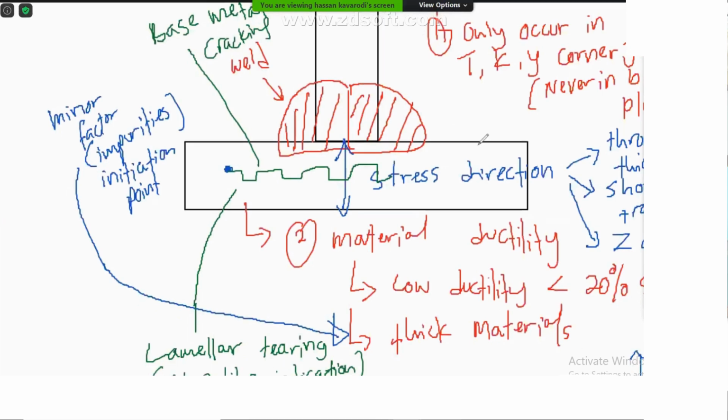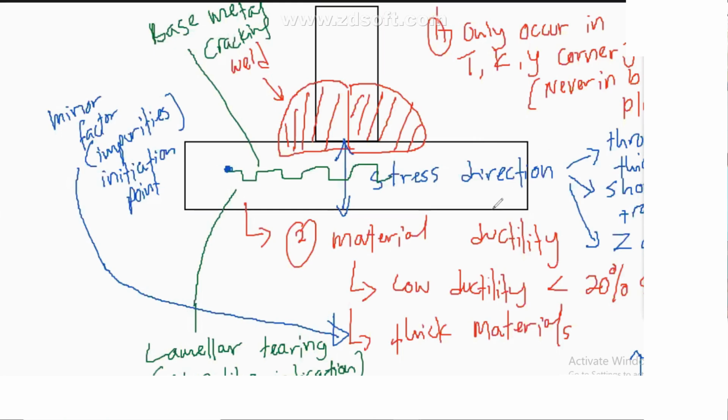When we're talking about hydrogen crack, it occurs in the weld metal and HAZ. When we're talking about solidification cracking, it only occurs in the weld centerline. When talking about lamellar tearing, it only occurs in the base metal below the HAZ. Got it? So that's the thing you need to memorize a bit.